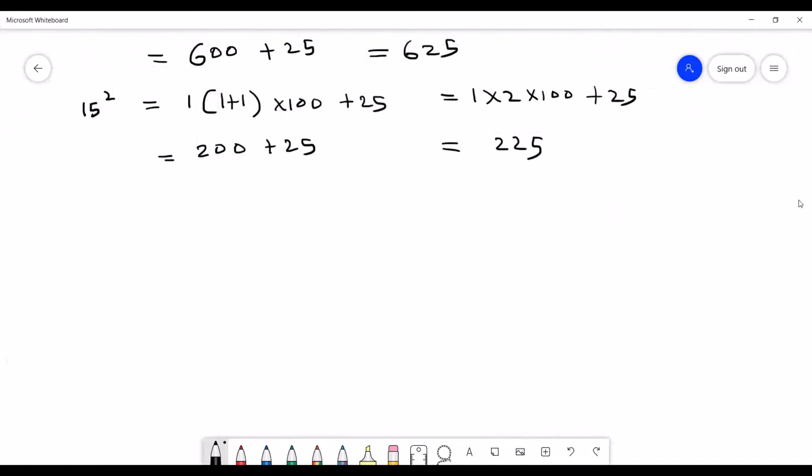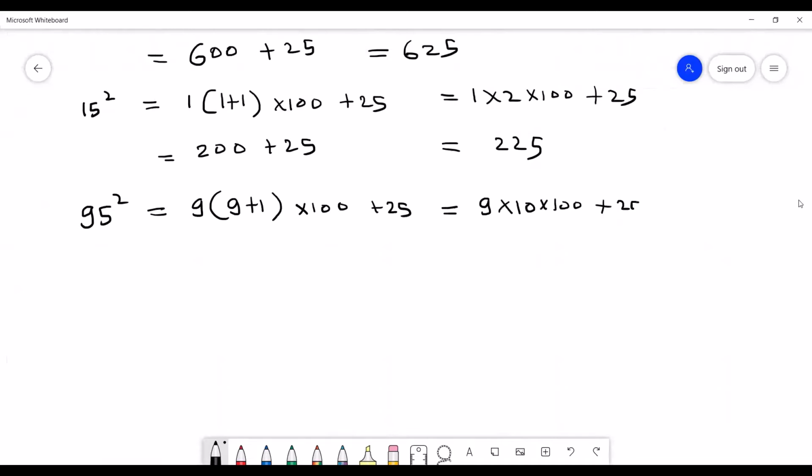And let us consider one more also, 95. I am considering the square of 95. So the first number is 9. 9 into 9 plus 1 into 100 plus 25. That is 9 into 9 plus 1, which is 10, into 100 plus 25.